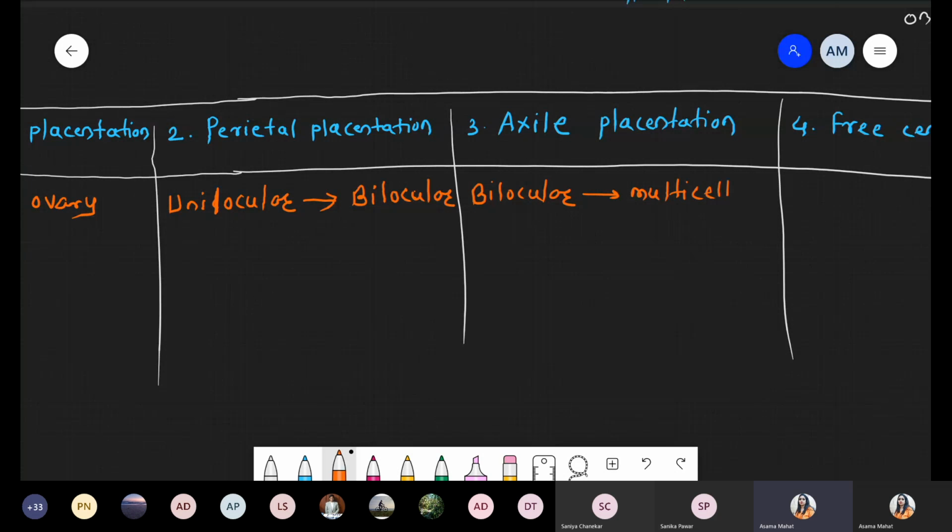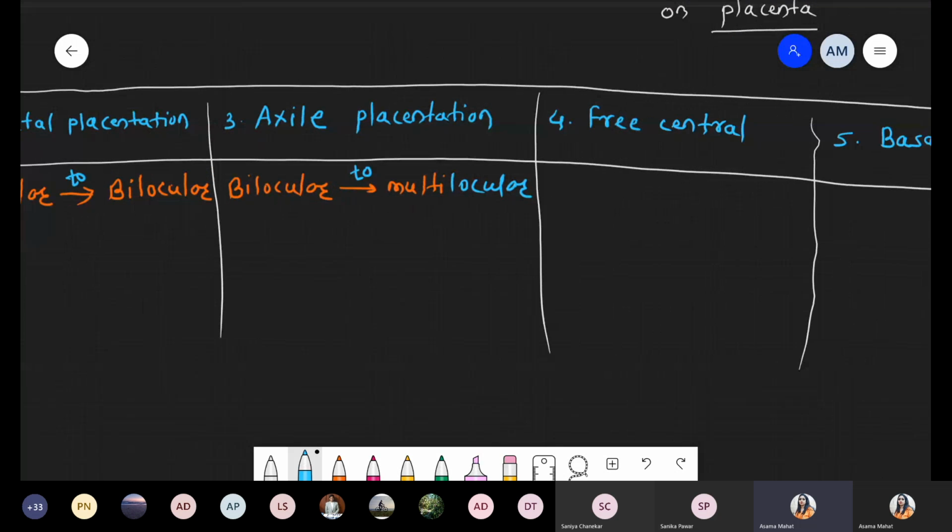This arrow represents the range. You can write unilocular to bilocular, bilocular to multi. Under axial placentation, bi is very common, tri is also there, tetra, penta, and multi also. So bilocular to multilocular condition is present in axial placentation.